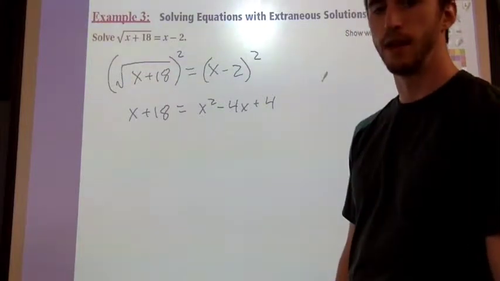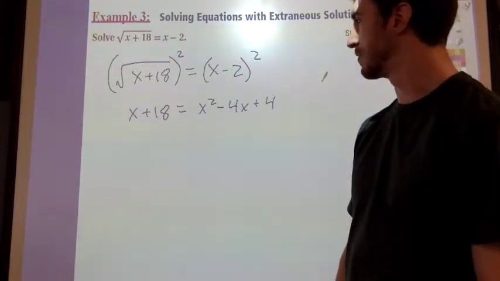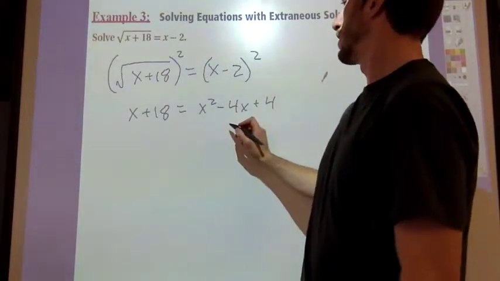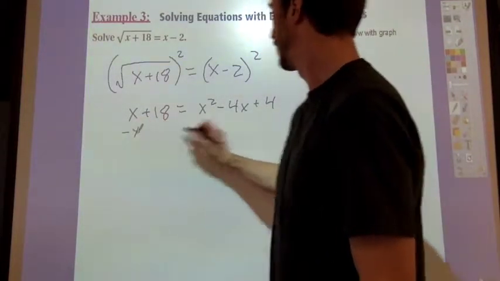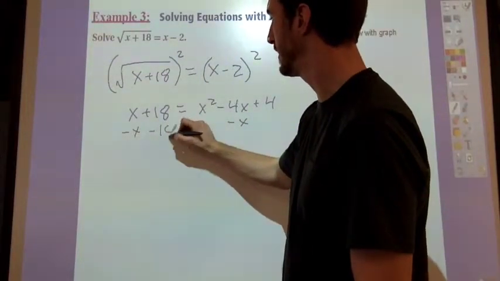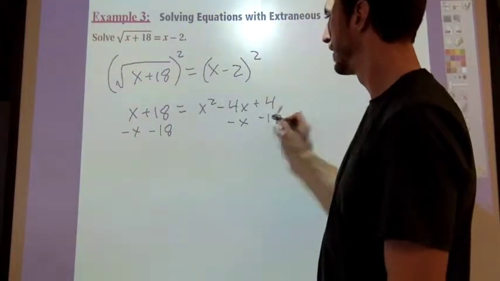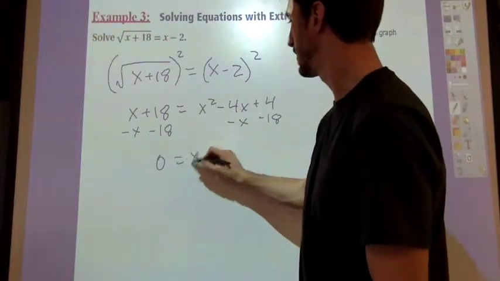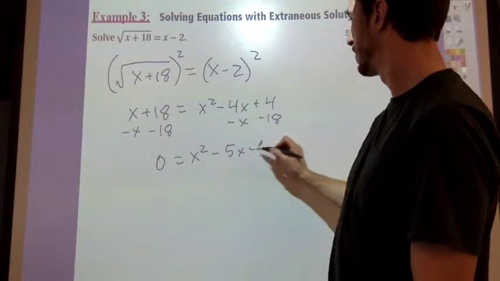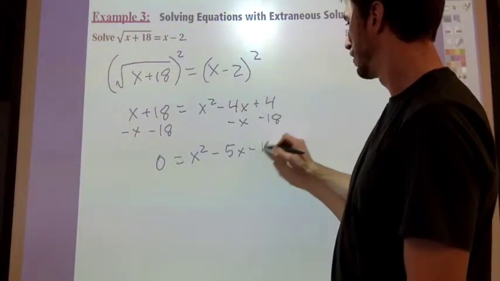Okay? Now I'm going to combine like terms, setting everything equal to 0. So I'm going to subtract x from both sides and subtract 18 from both sides. And I get 0 equals x squared minus 5x minus 14.